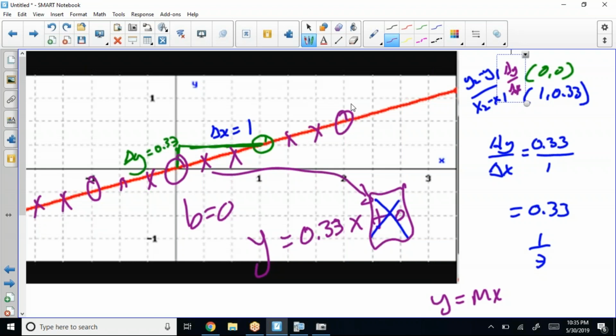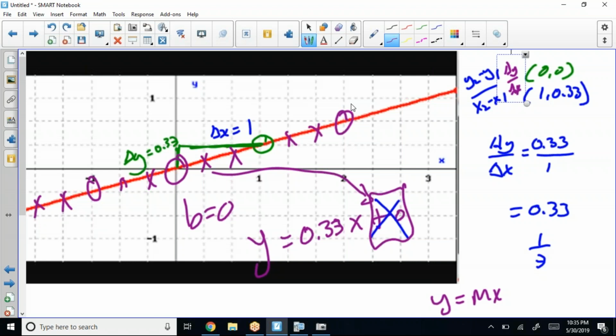It will cross the y-axis, I will tell you this. It has to, unless it's a vertical line, right? That's about the only scenario that would not cross the y-axis, but everything else should.